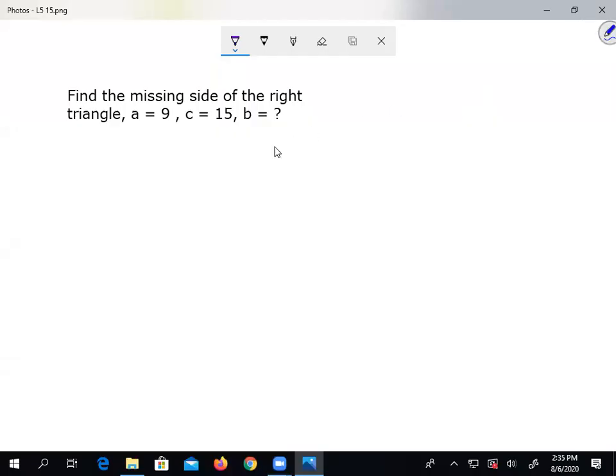So this is our last slide, and we want to find the missing side of a right triangle. So our clue again is right triangle and sides. So this means I can draw a right triangle. I'm going to just do the best I can here. So the unknown is going to be one of the sides.